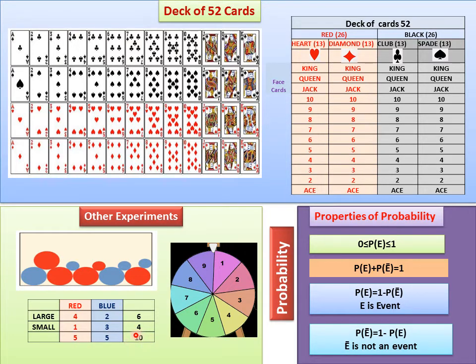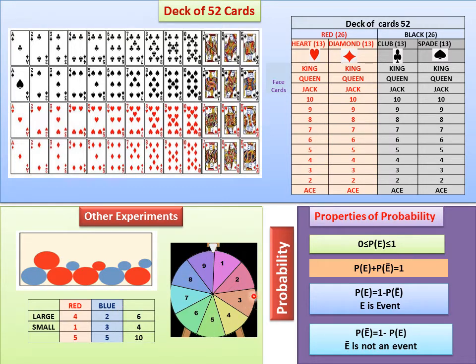The total number of balls in this container is 10, with 6 large balls and 4 small balls. With this we can find the probability of getting any ball we are interested in, using the ratio given in the probability of an event.